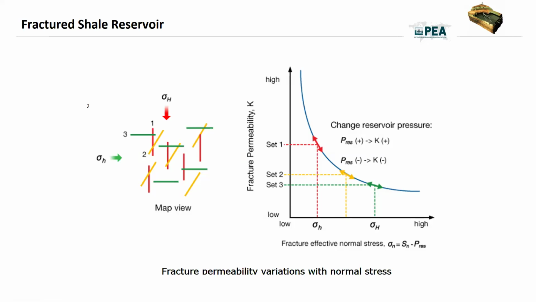So here we see clearly that fracture permeability varies depending on effective normal stress, and also on the fracture orientation relative to our horizontal stress.